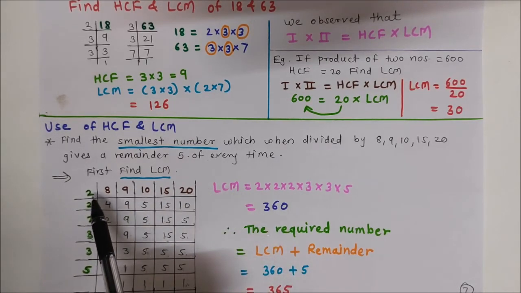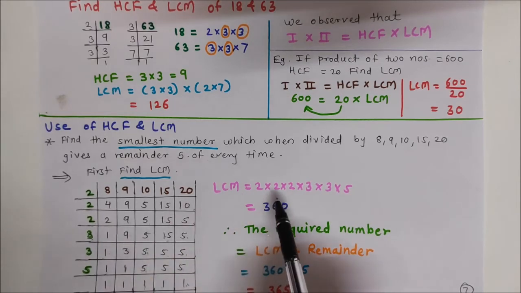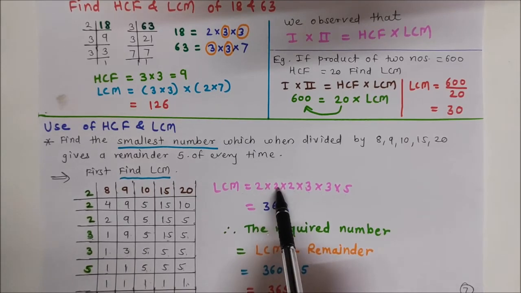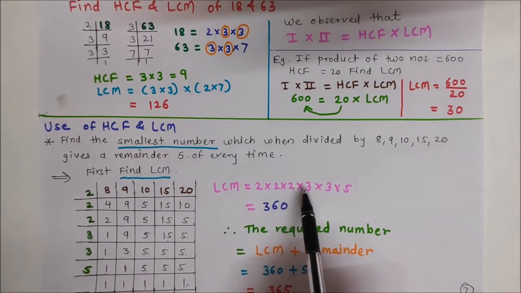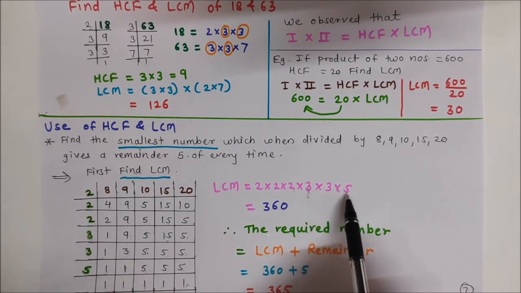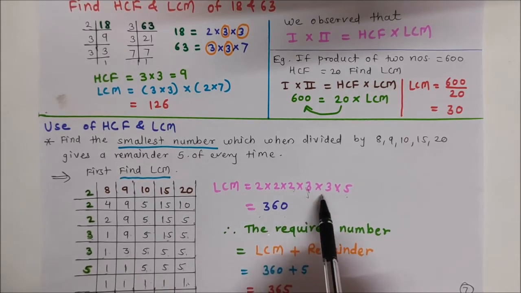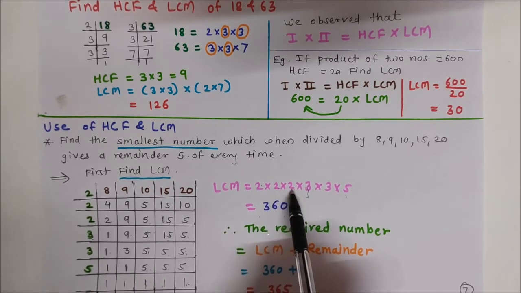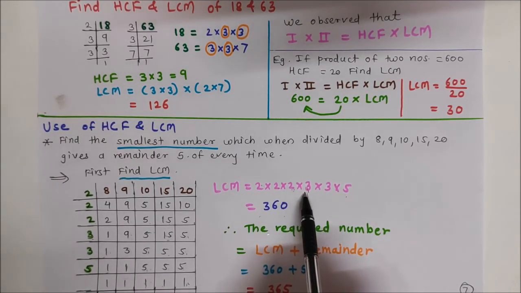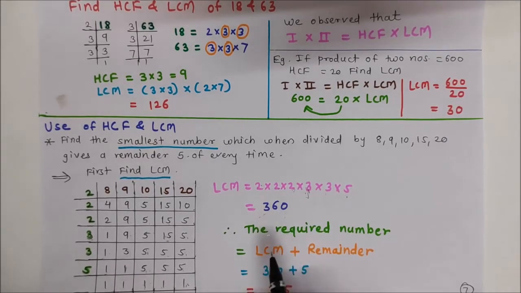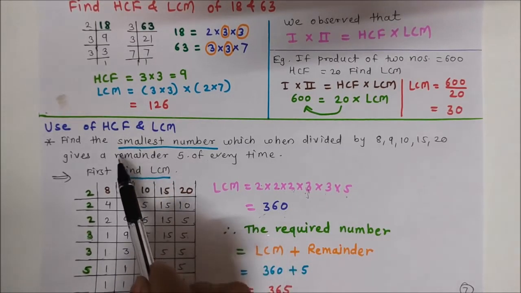So what is the LCM? We take the left hand side numbers: 2 into 2 into 2 into 3 into 3 into 5. Do the calculation. 2 twos are 4, 4 twos are 8, 8 threes are 24, 24 fifteens are 360. So the LCM is 360.